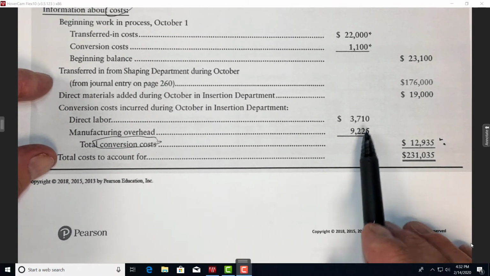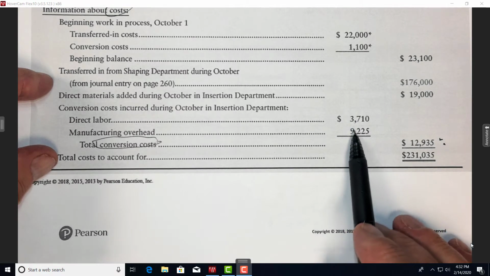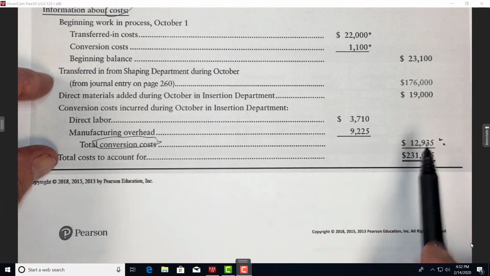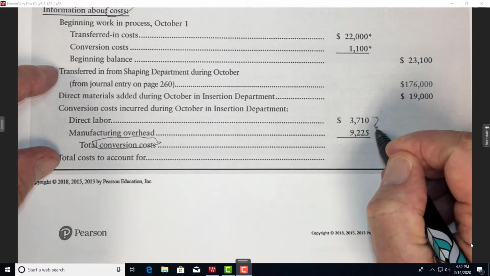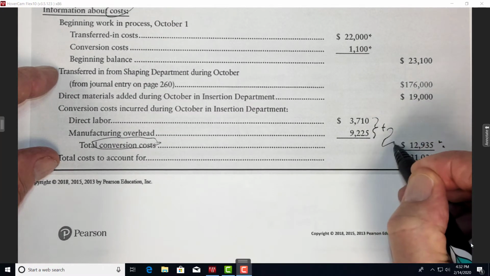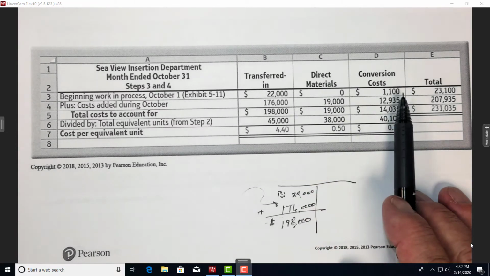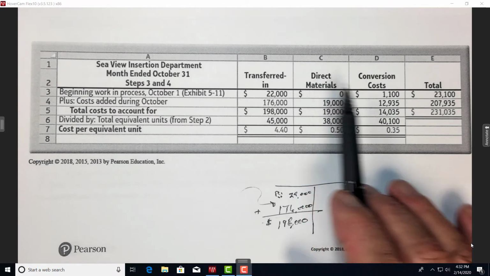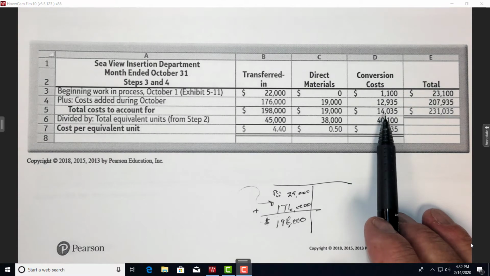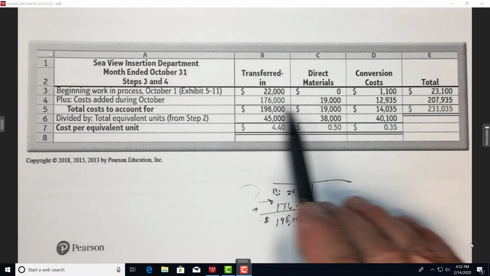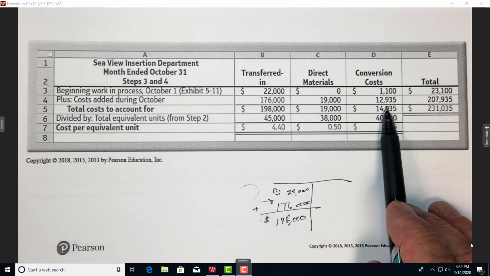If a problem only gives you direct labor and manufacturing overhead, you have to add them up to get to the conversion cost, because when you're doing the equivalent units, they deal with direct materials and the conversion. So the conversion cost is 22. Add these up.